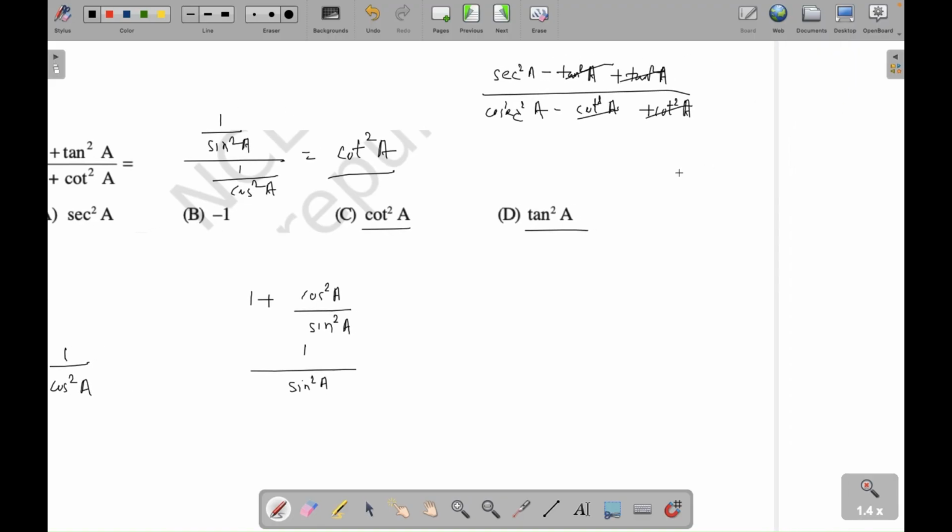So you end up with sec square A upon cosec square A, which is again 1 upon cos square A upon 1 upon sine square A. Right?